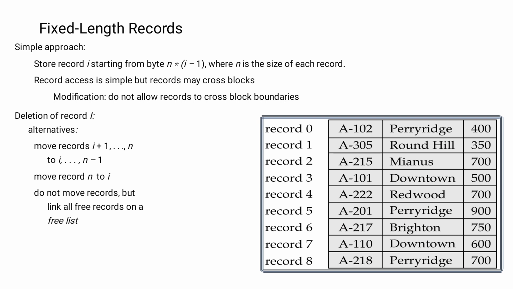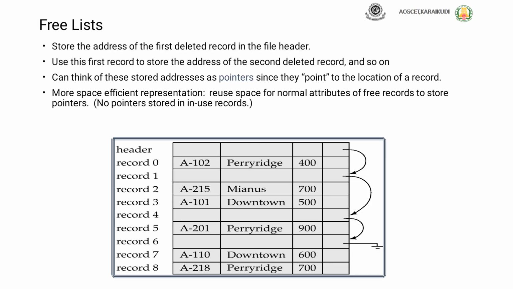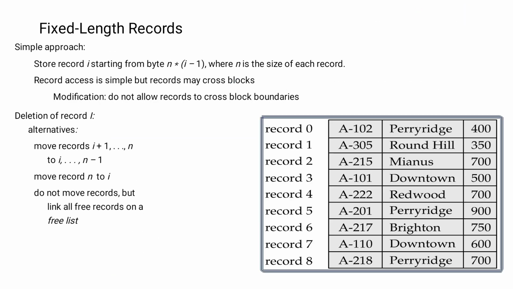When a record is deleted, we could move the record that came after it into the space formerly occupied by the deleted record, and so on. Such an approach requires moving a large number of records.